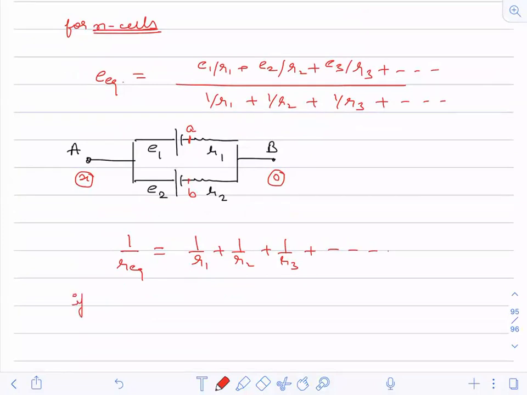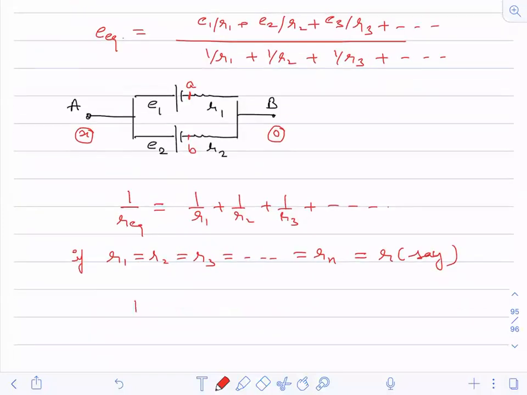Now, applying a condition: if R1 is equal to R2 is equal to R3 and so on up to Rn, and this is equal to R. Suppose we have a value R. Now what will R equivalent be? 1 by R plus 1 by R plus 1 by R, how many times?